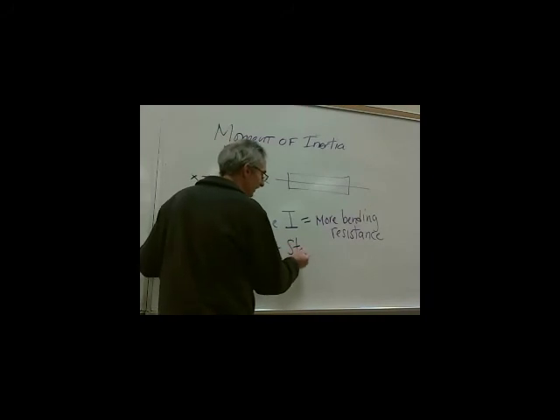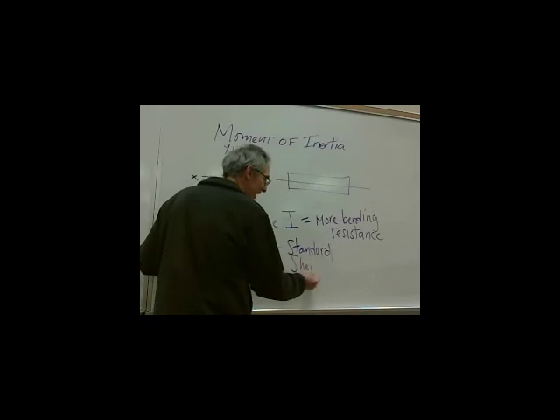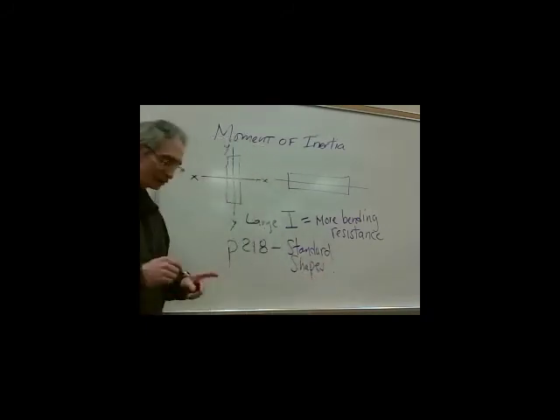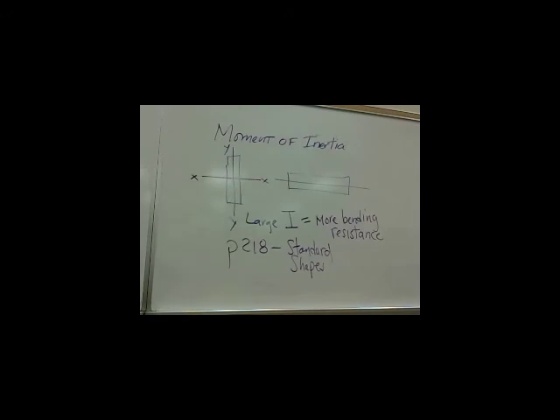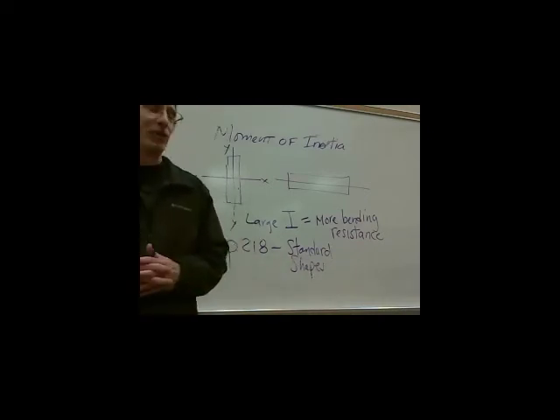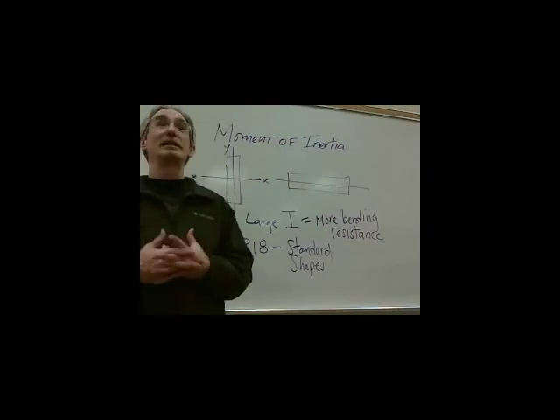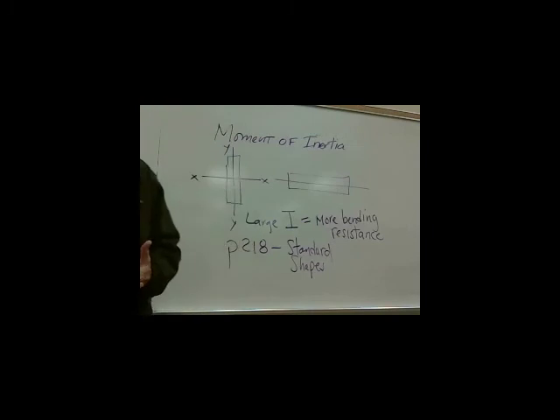So on page 218, you have another standard shapes type table, and those standard shapes give you little formulas to calculate the moment of inertia about those shapes' centroidal axis. Now, isn't that sort of nice, because we just got done learning about centroids, and here now we're calculating some property of area relative to those centroidal axes.